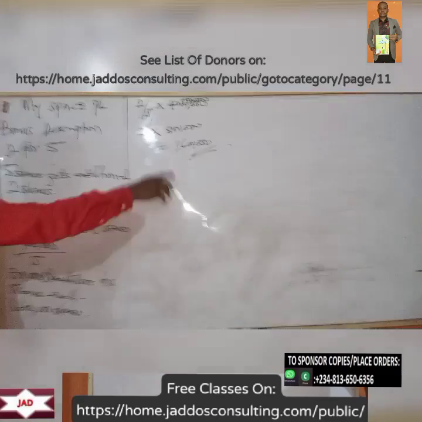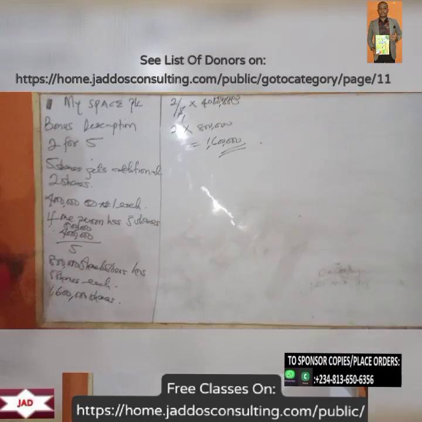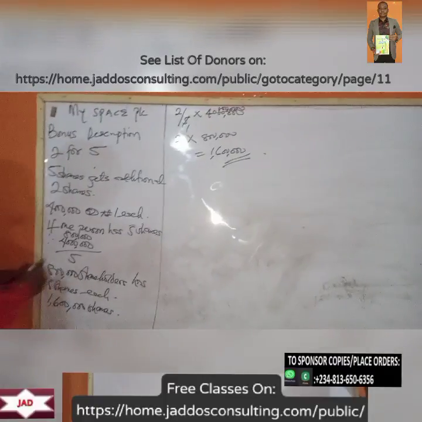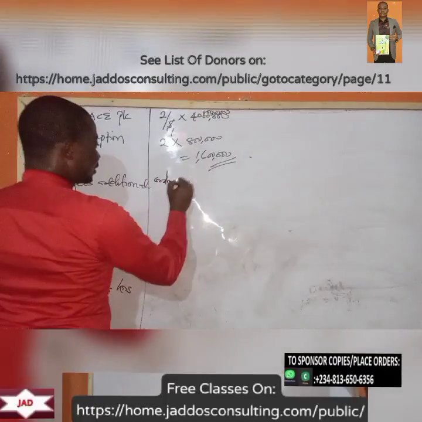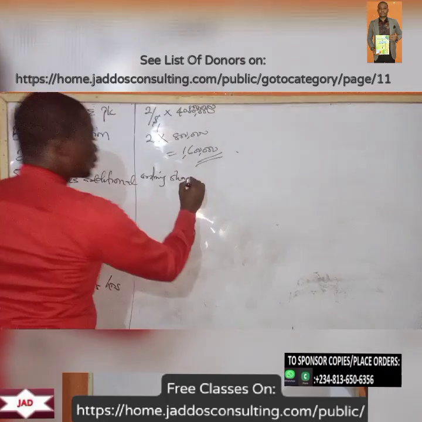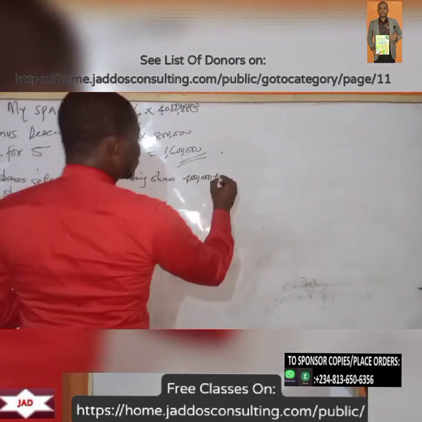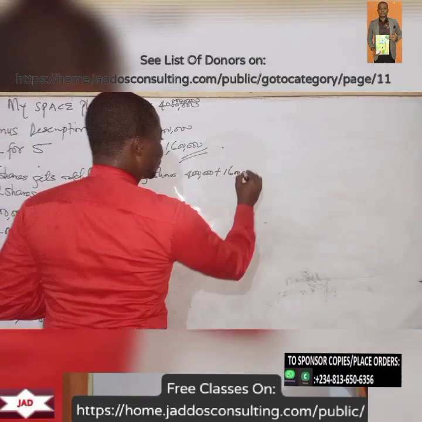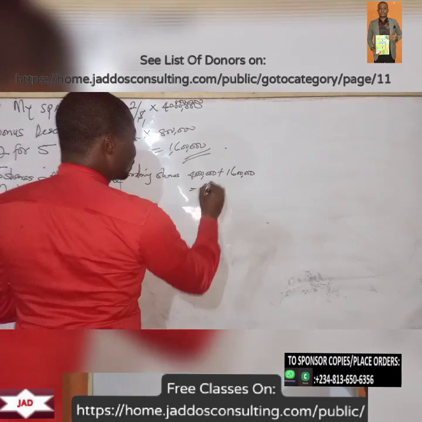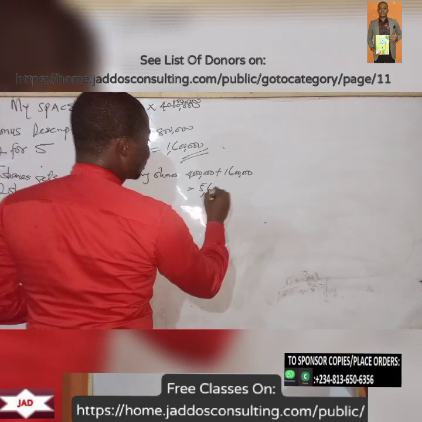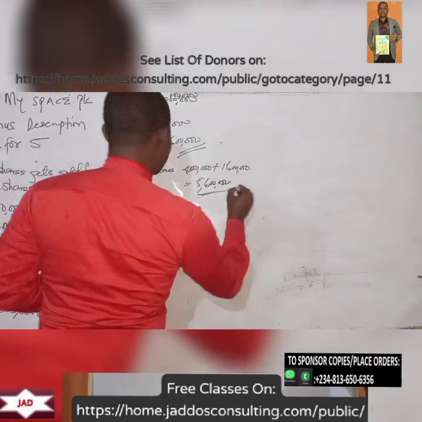So that would mean that our ordinary shares will now be 4 million plus 1,600,000, so that will be 5,600,000.